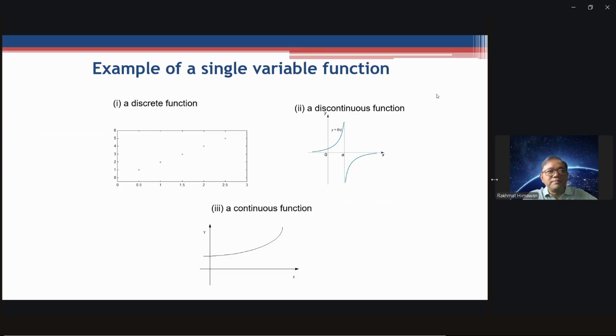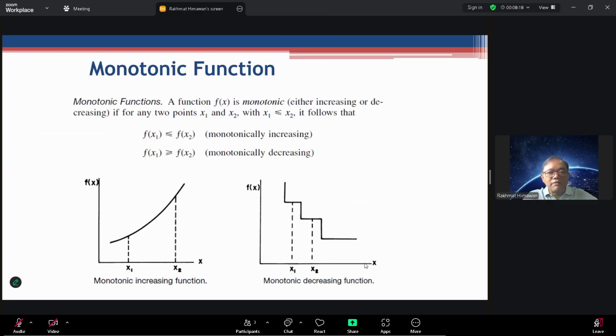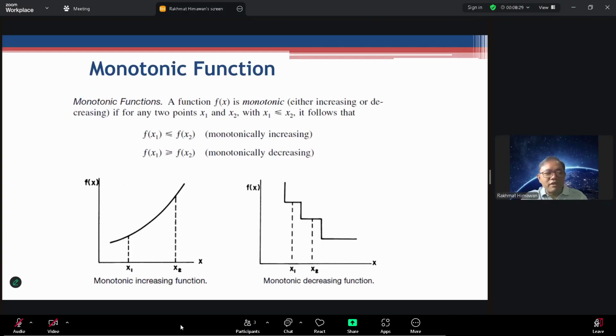Okay, now we have a different type of function. We have what we call a monotonic function.